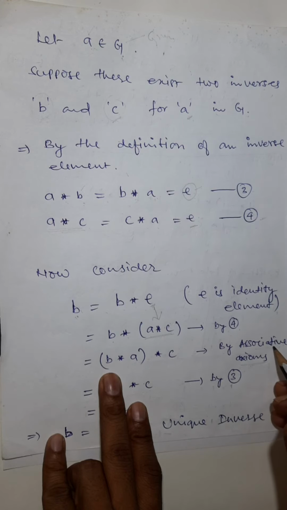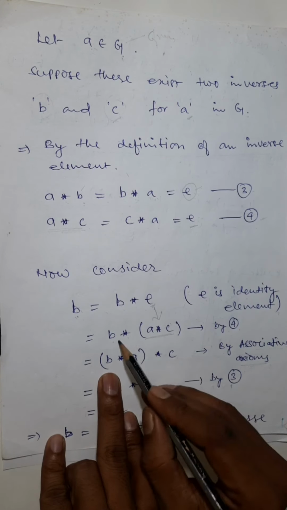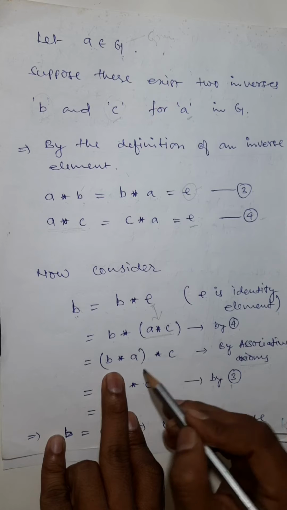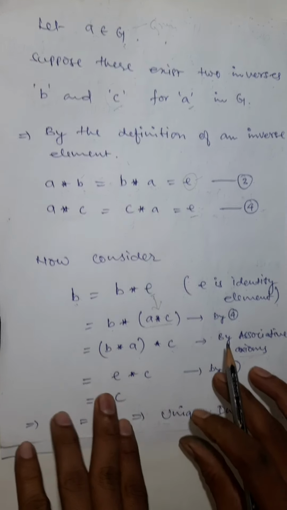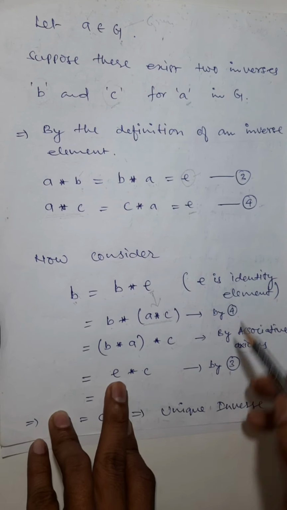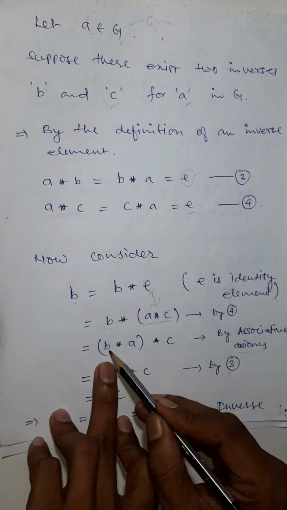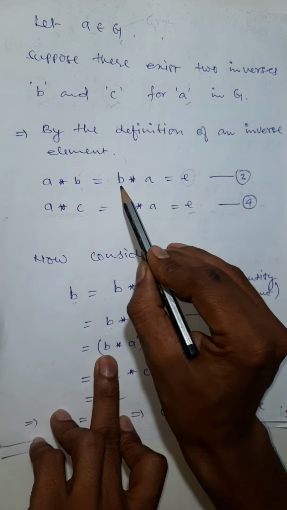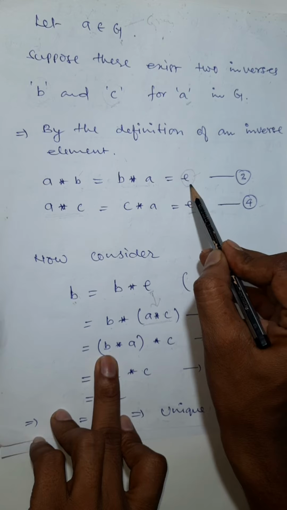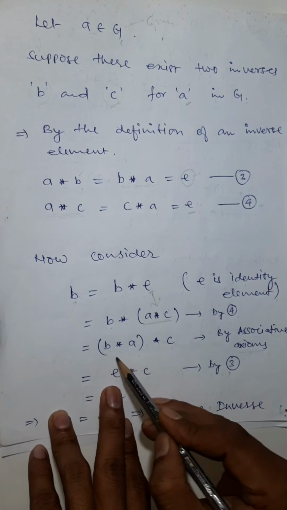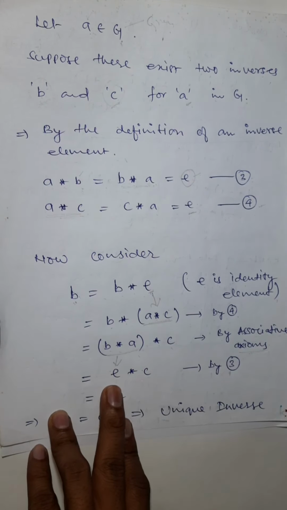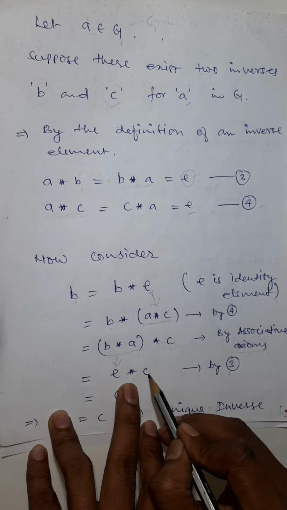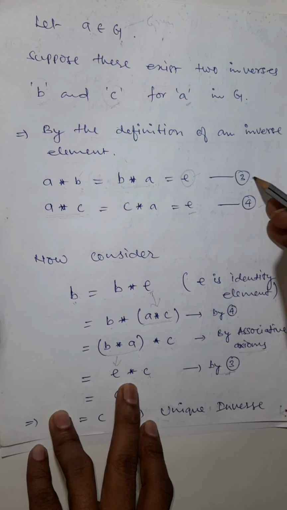So applying the associativity law, make it associative, B star A and star C. Now again applying equation number 3, B star A will be equal to the identity element. Here we have replaced B star A with the identity element, multiplied with C, by equation number 3.